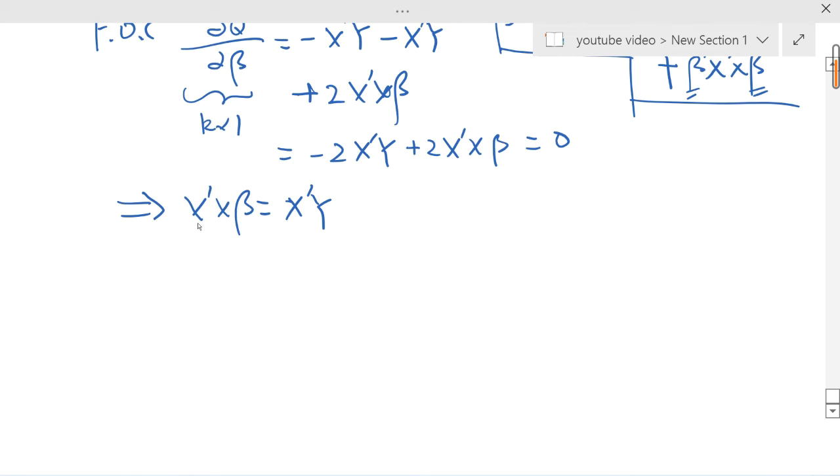So now we want to invert this x prime x, and here's one of the assumptions that we needed for the OLS estimator to work. So x prime x, which is k by k, is of full rank.